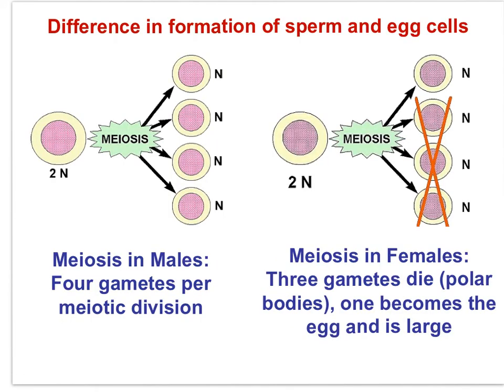With the last 2 slides of this movie, I would like to remind you that each meiotic event in males results in 4 functioning gametes, 4 functioning sperm cells, but meiosis in females results in 1 large gamete, the egg cell, and 3 non-functioning polar bodies.